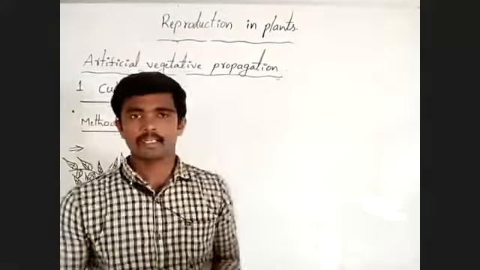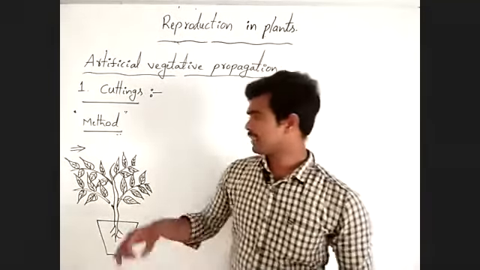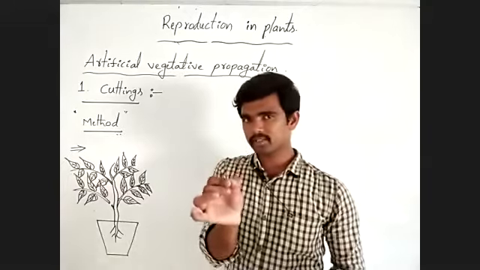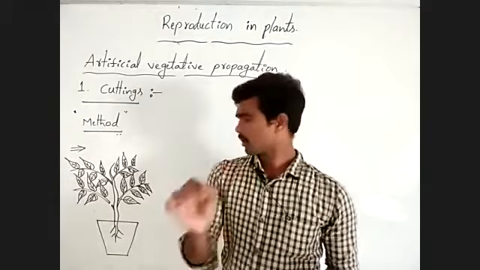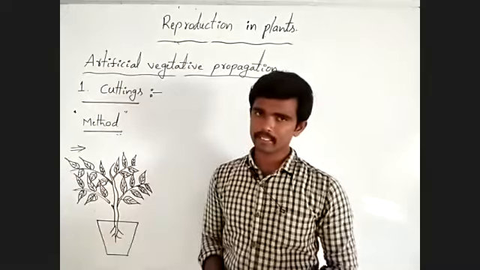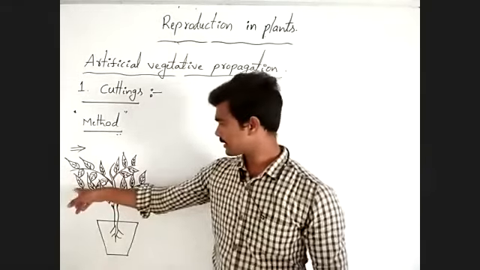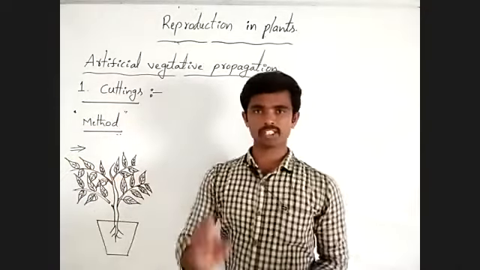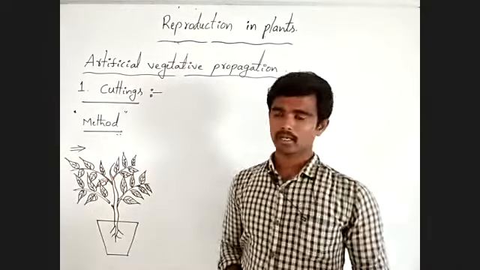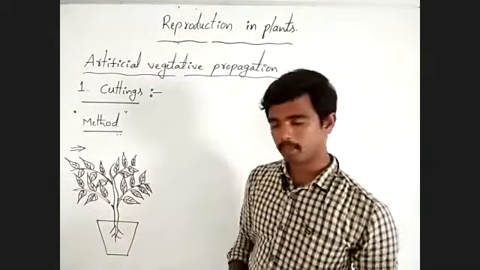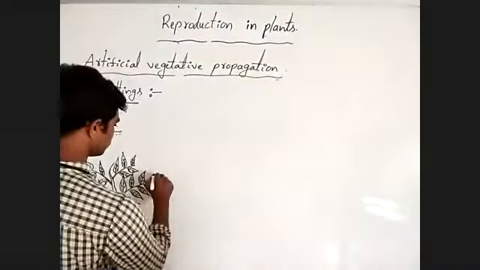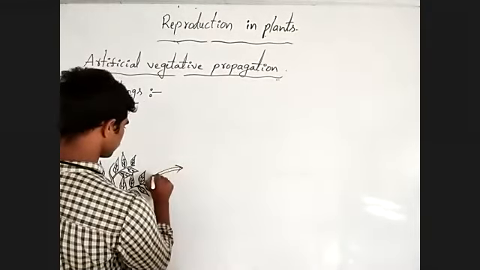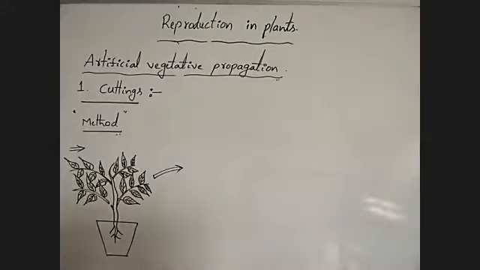Like this, a small branch or stem with at least one bud, axillary bud or apical bud, at least one vegetative bud, is cut from the parent plant. Then observe carefully.